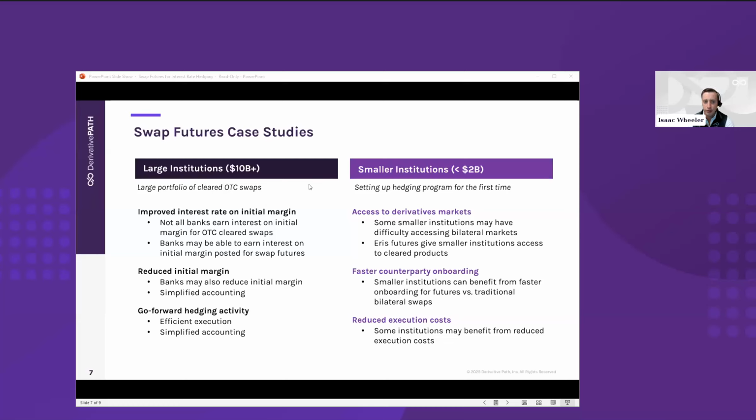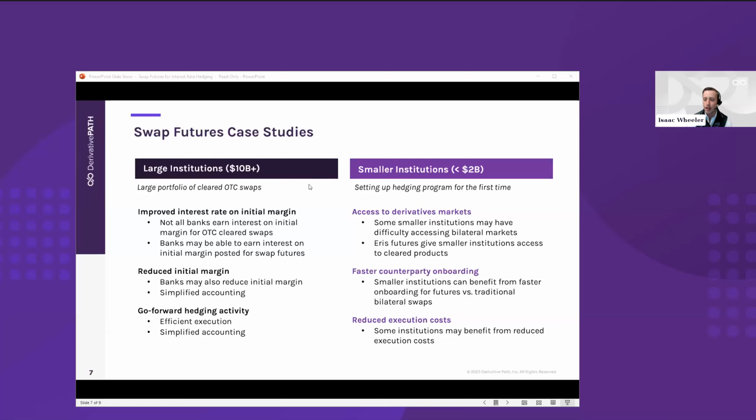So maybe let's start with an example with a large institution. Let's talk about an institution that's over 10 billion and they've got a large portfolio of cleared swaps. Some of the advantages of moving to swap futures might be things like improved interest on initial margin. Not all banks out there earn interest on the initial margin that they post to the exchange through their FCM.